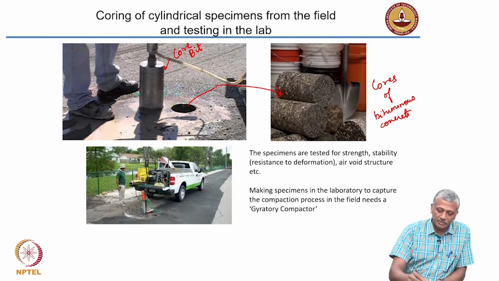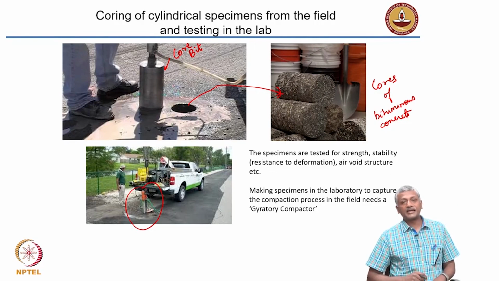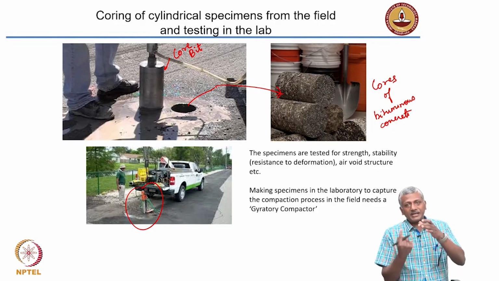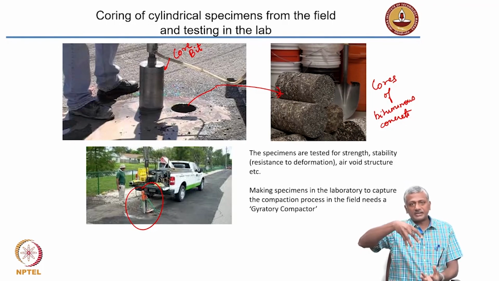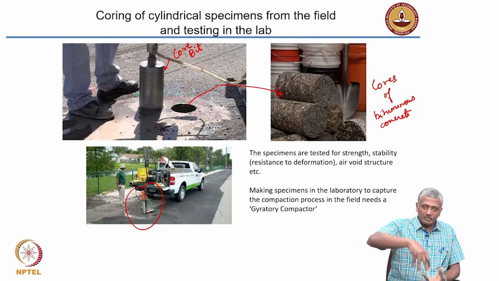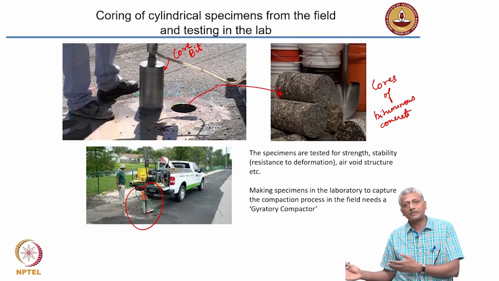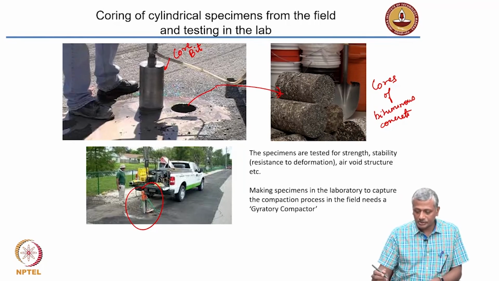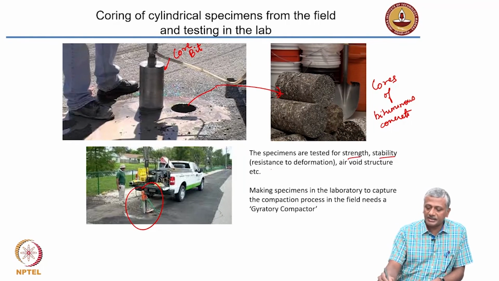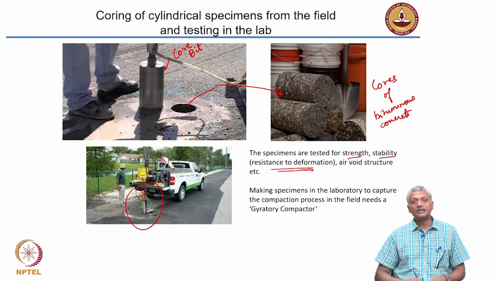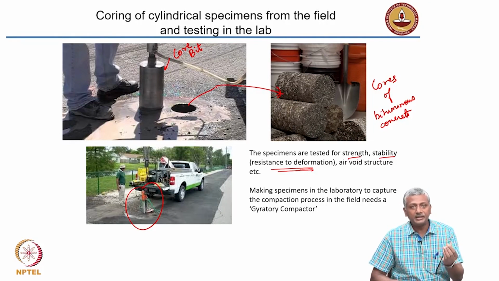This core bit is electrically controlled and it has a very high speed revolving cylindrical bit which has a diamond tip, and it basically cuts through the material and extracts this core out. And this core is then brought back to the lab and tested under controlled conditions for strength, stability basically, which is the resistance to deformation, and sometimes you also want to study how many voids are there in this structure.